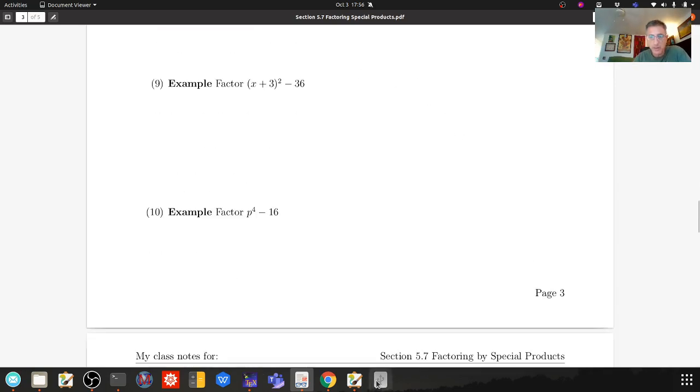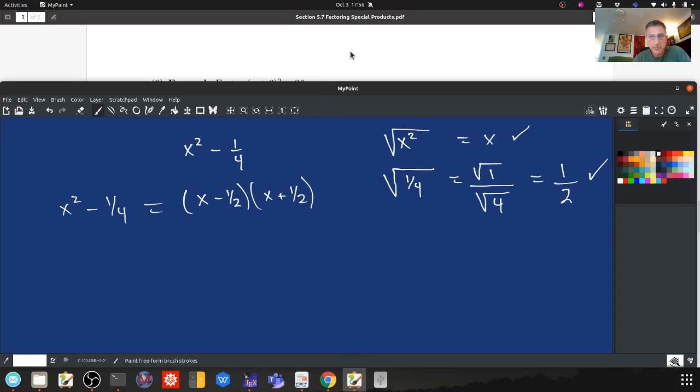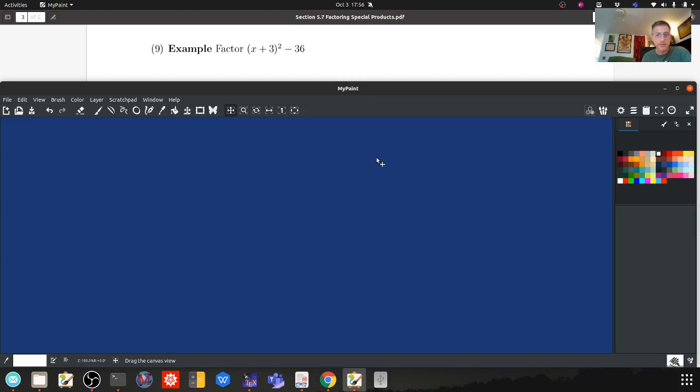Okay, this is another really good example. So they're starting to play with things. Again, this looks really different, but abstractly, it's not. So here is the first mistake students will make.